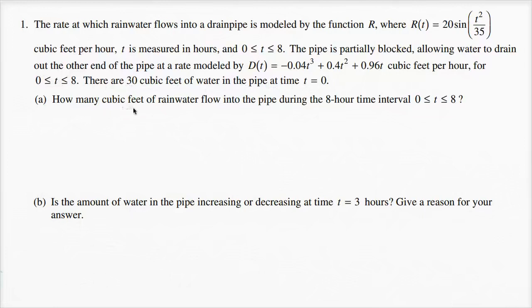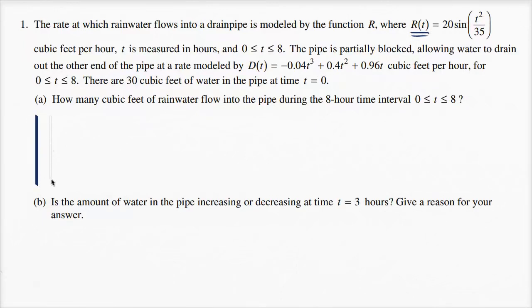How many cubic feet of rainwater flow into the pipe during the 8-hour time interval, 0 is less than or equal to t is less than or equal to 8? Let me draw a little rainwater pipe here so that we can visualize what's going on.